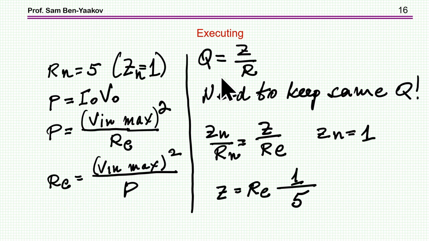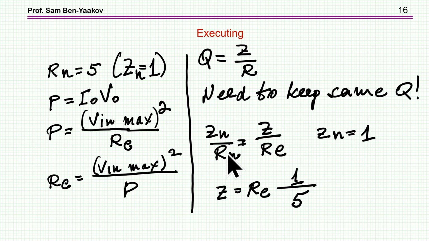Now Q is defined as Z over R. It is very important to realize that although I am dealing with R, normalized resistance, the curves are actually representing fixed Q. So I have to keep the same quality factor.